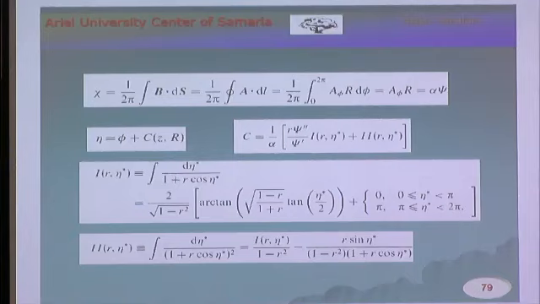Now, you can calculate chi and eta in terms of those functions. Chi is just psi, really, up to some alpha. And eta is phi, the azimuthal angle, plus some function of z and r, which I calculated in terms of small r, the radius of the tori, and the short way angle eta star.